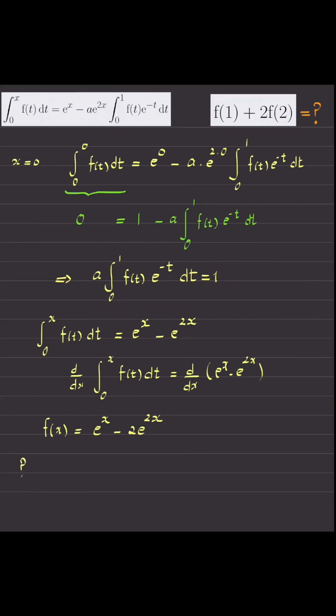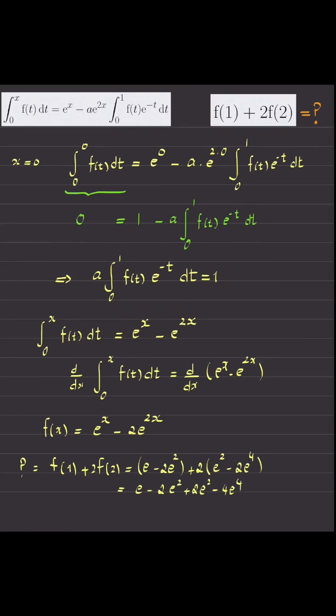So the question is f of 1 plus 2f of 2, which becomes f of 1, meaning replace x with 1 everywhere. This is f of 1 plus 2 times f of 2, replace x with 2 everywhere. And I open up the pair of brackets, so it becomes e to the 1 minus 2e to the 2, and I multiply the 2 in, so it becomes 2e to the 2 minus 4e to the 4.